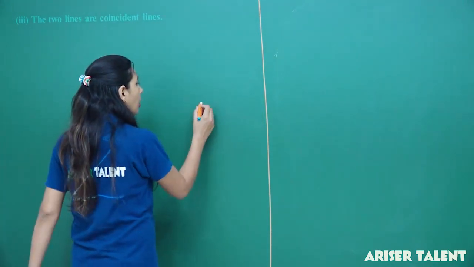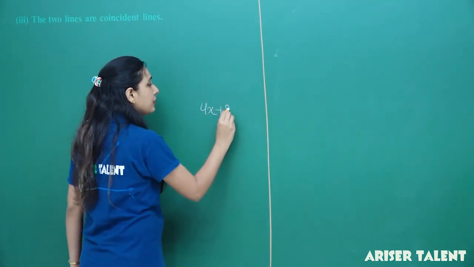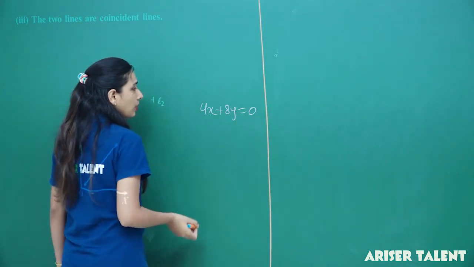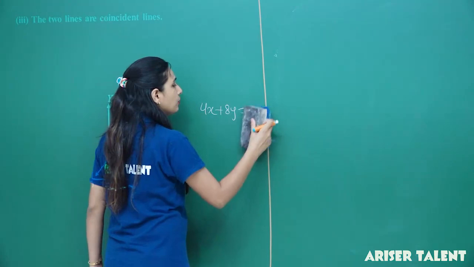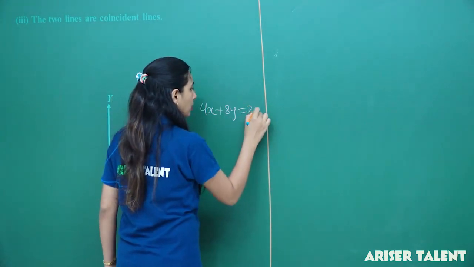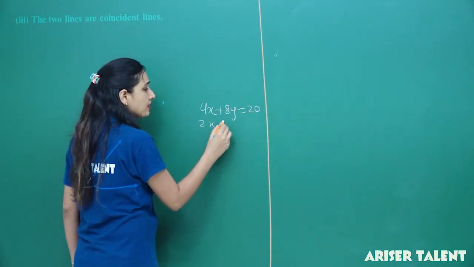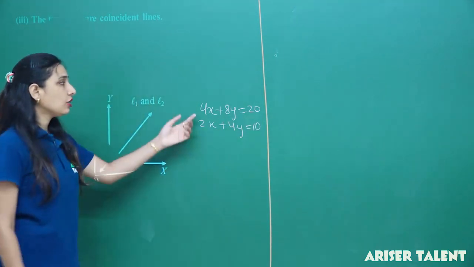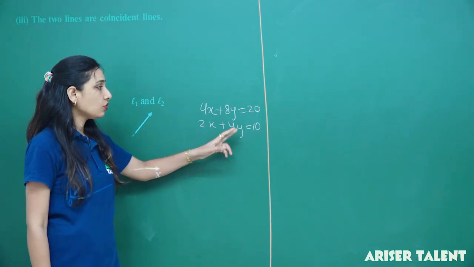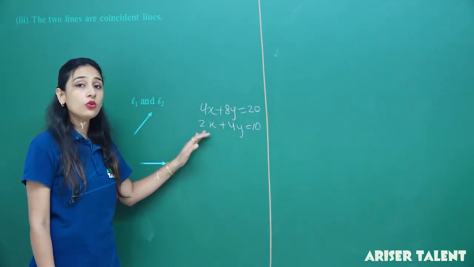I am telling you about that 4x plus 8y equals to 0. Okay. Now, not 0 but let's suppose 20. Now I am telling you that 2x plus 4y equals to 10. I have just taken the common 2 here, right? So I have just divided the complete equation by 2.